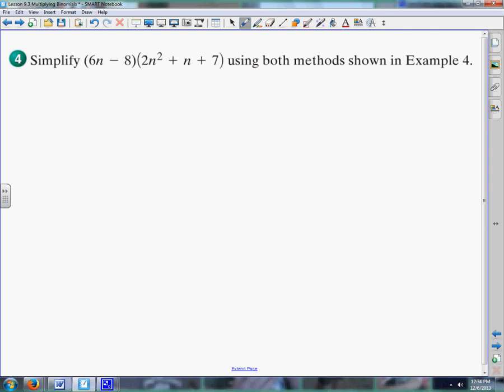Okay, so I'm going to use FOIL, and I'm going to do this first. So 6n times 2n squared is 12n cubed. 6n times n is 6n squared. And then 6n times 7 is 42n.